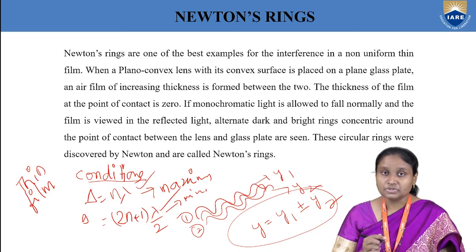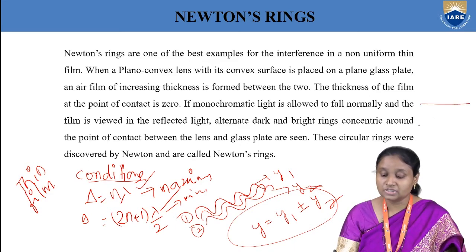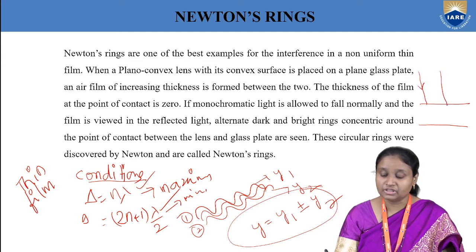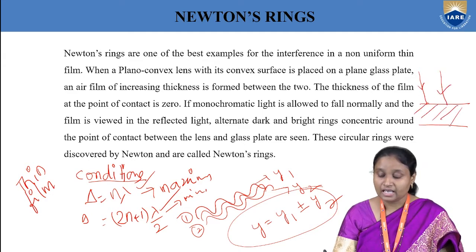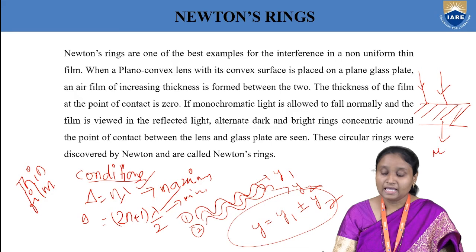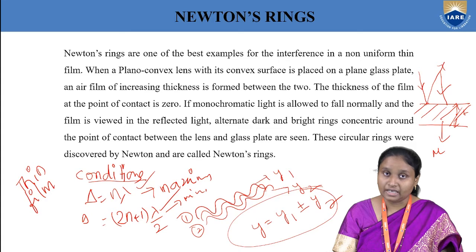What happens when we make light fall on such a film? Suppose I take a glass film with refractive index mu and thickness t, where t is very, very small. If we make light fall on this glass film, the light gets reflected from the top surface of the film, and some light enters the film and is reflected from the bottom surface.